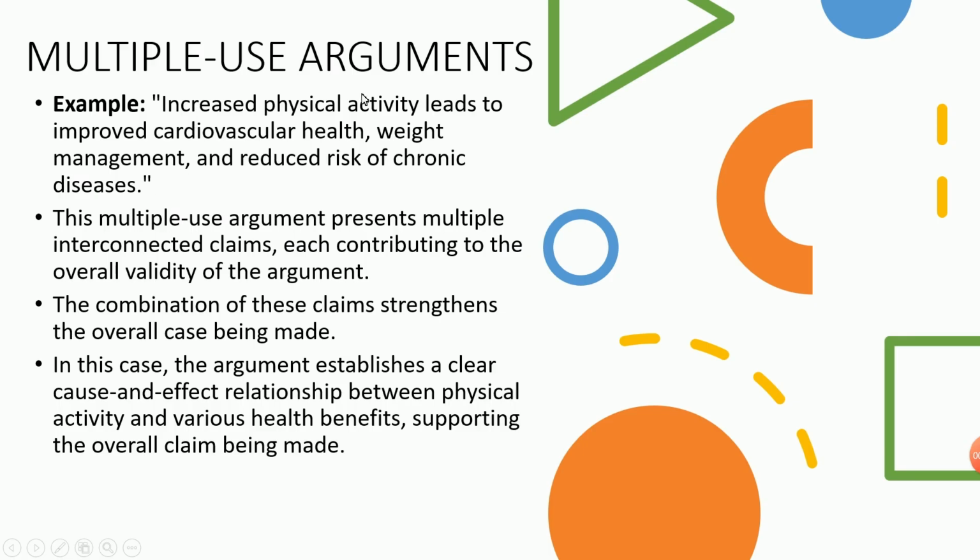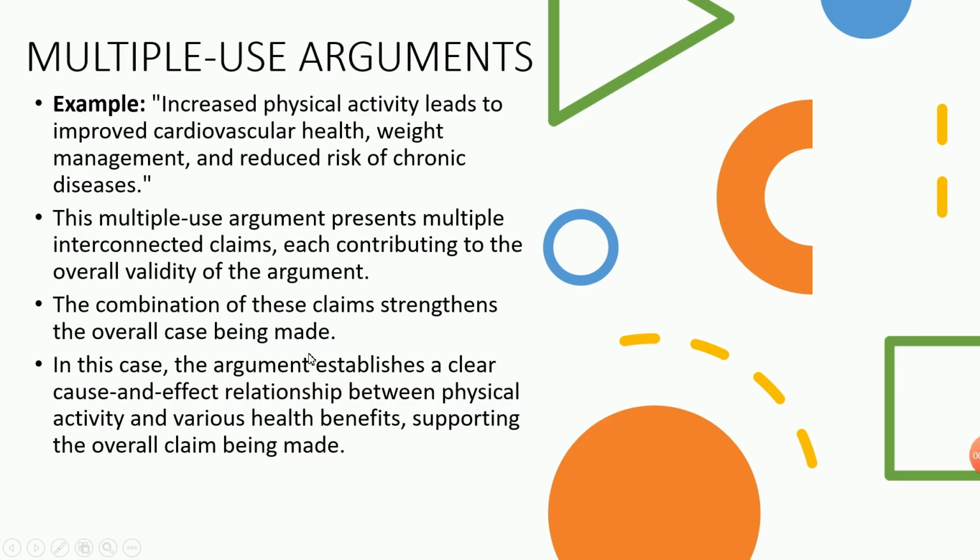Increased physical activity is the action, but it might lead to first, improved cardiovascular health, second, weight management, third, the reduced risk of chronic diseases. Each contributes to the overall validity of the argument. The combination of these claims strengthens the overall case being made. So this mainly establishes a clear cause and effect.